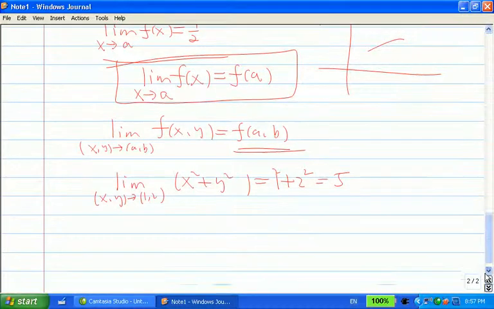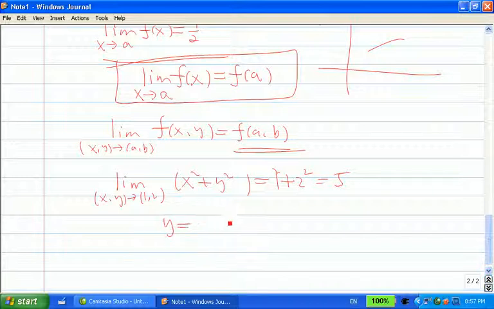What kind of functions are continuous? Most of the functions you deal with are continuous. Let me use a single variable function as an example. For example, this function is continuous everywhere except x equal to 0.